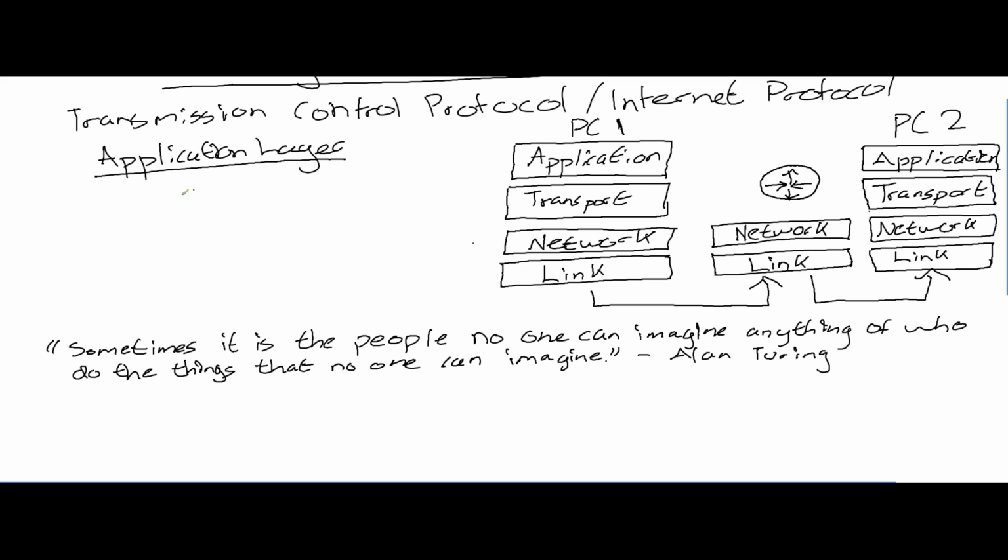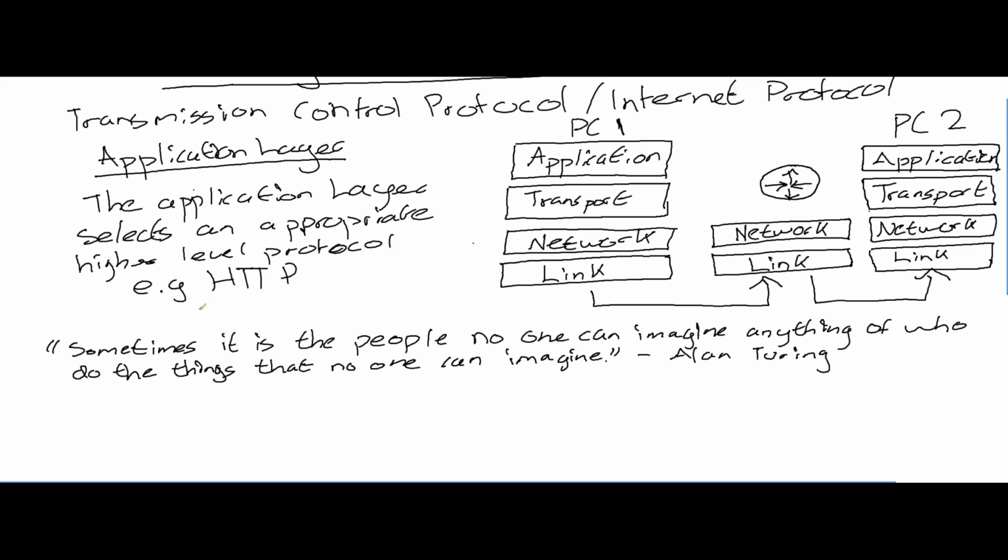So our application layer in this example is going to select HTTP, Hypertext Transfer Protocol, and that's what we're going to use to send our Alan Turing quote. So that's the application layer. The application layer takes the data that we're looking to send and decides on a protocol such as HTTP to send it over the internet.